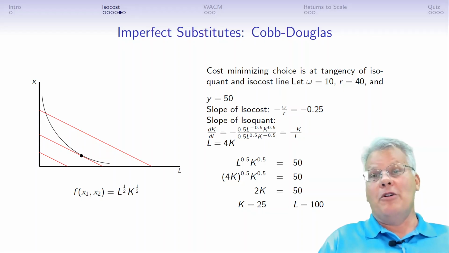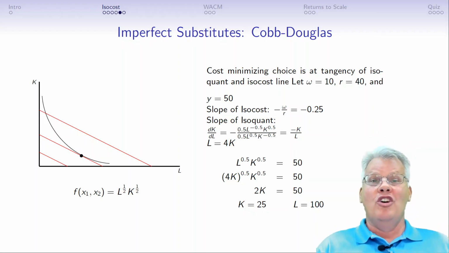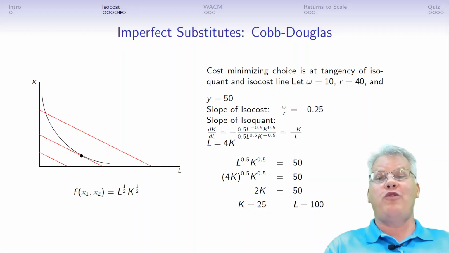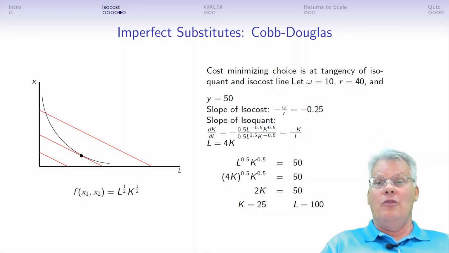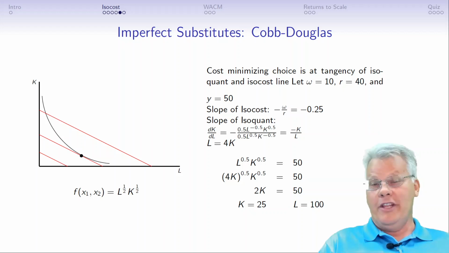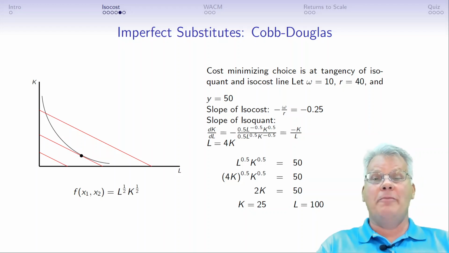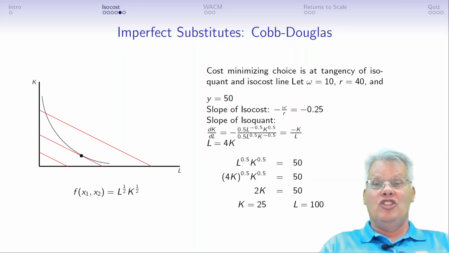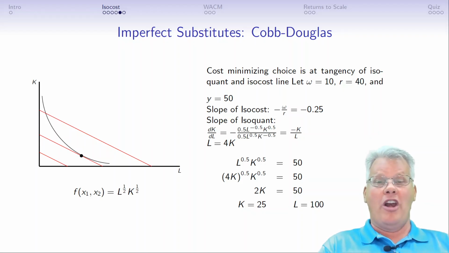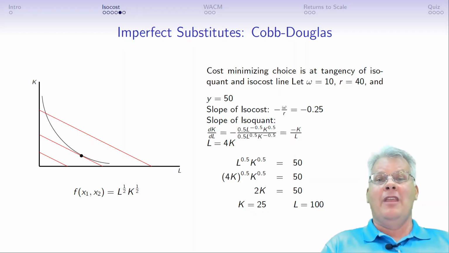Now you might remember back in the theory of the consumer, we had this wonderful closed form result which we called the exponent rule. It allowed us, when we had Cobb-Douglas preferences, to solve once for the demand for commodity 1 and commodity 2.